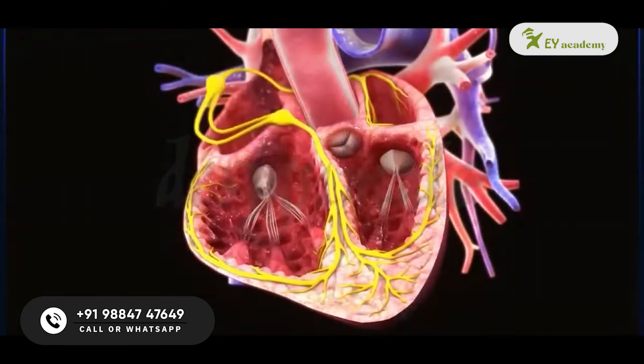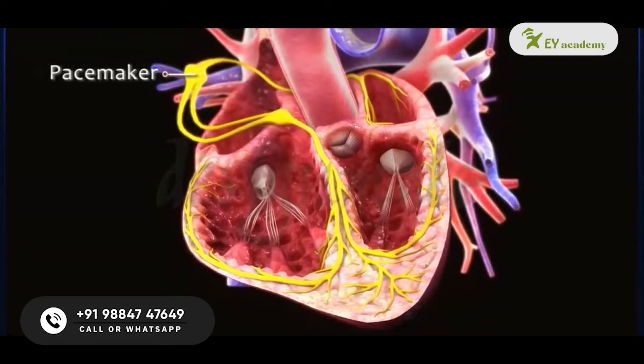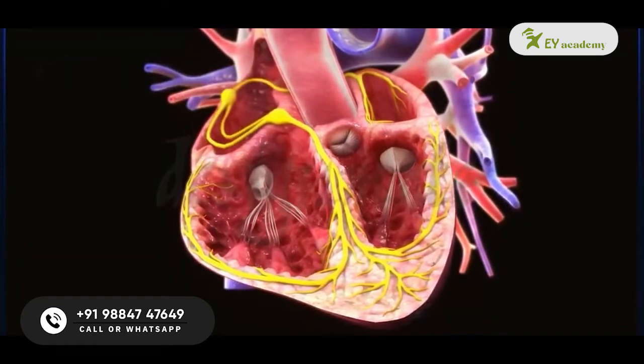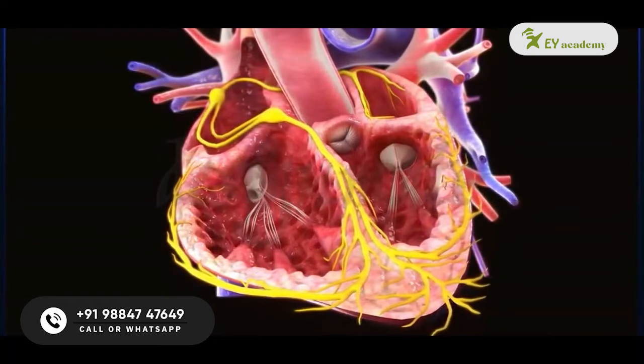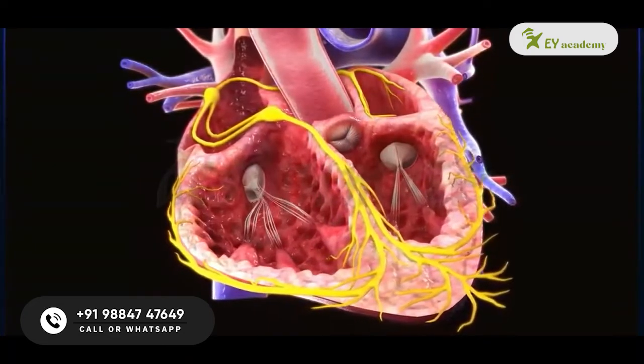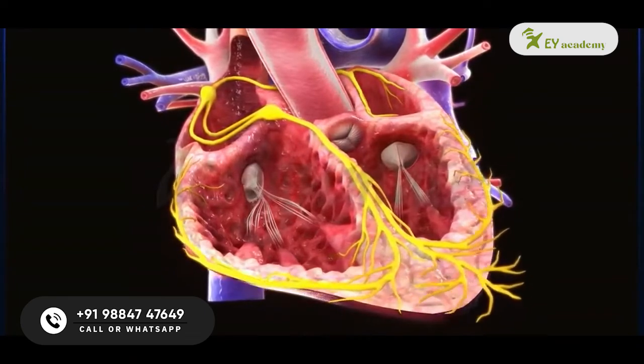The heartbeat is generated and controlled by a pacemaker present in the heart. It also possesses a specialized excitatory conducting system, which ensures the rhythmic beating of all the cardiac muscles.